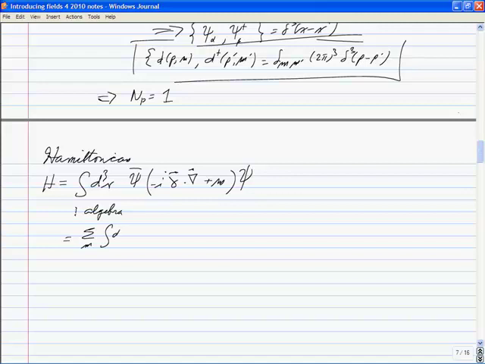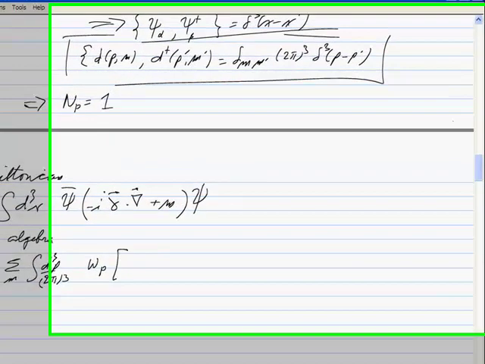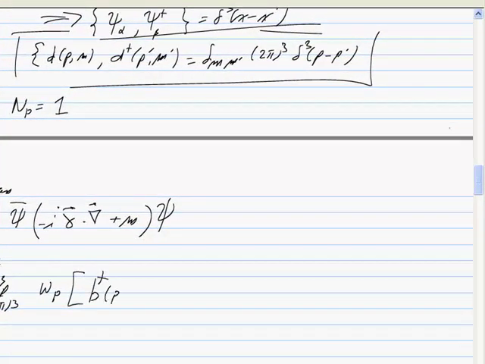It's a sum over m, integral d^3p over (2 pi)^3, h bar omega_p, times b dagger of p and m, b of p and m, minus d of p and m, d dagger of p and m. I have to point out the minus sign there is important, of course.